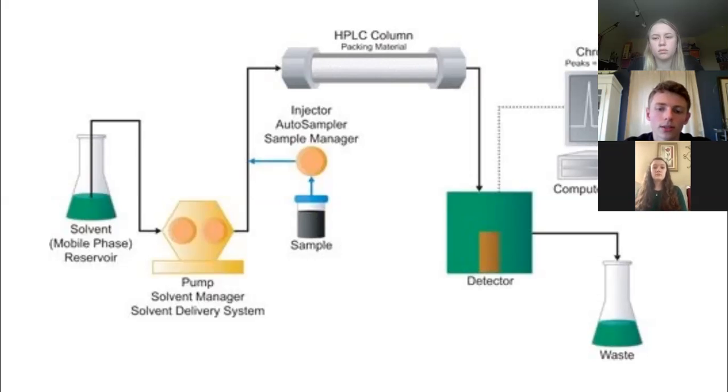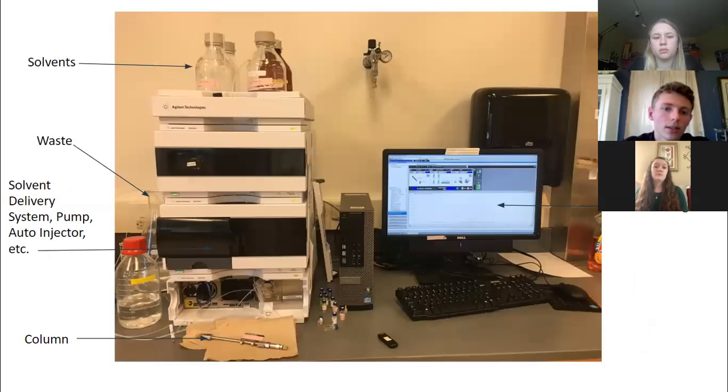For our results, we examined the UV detection at a wavelength of 280 nanometers. After exiting the detector, the mobile phase is sent to a waste beaker or container. In this picture, you can see our setup, a little less simplified, but all of the same things exist.